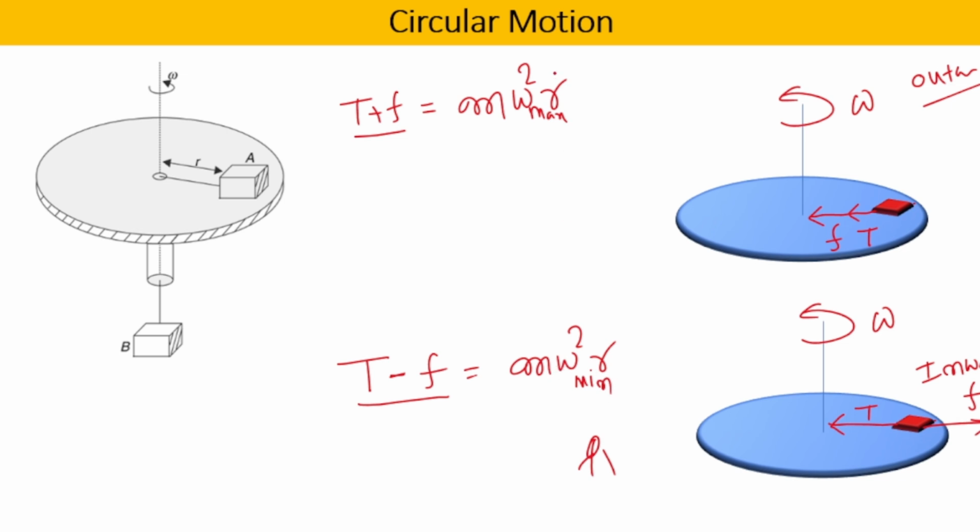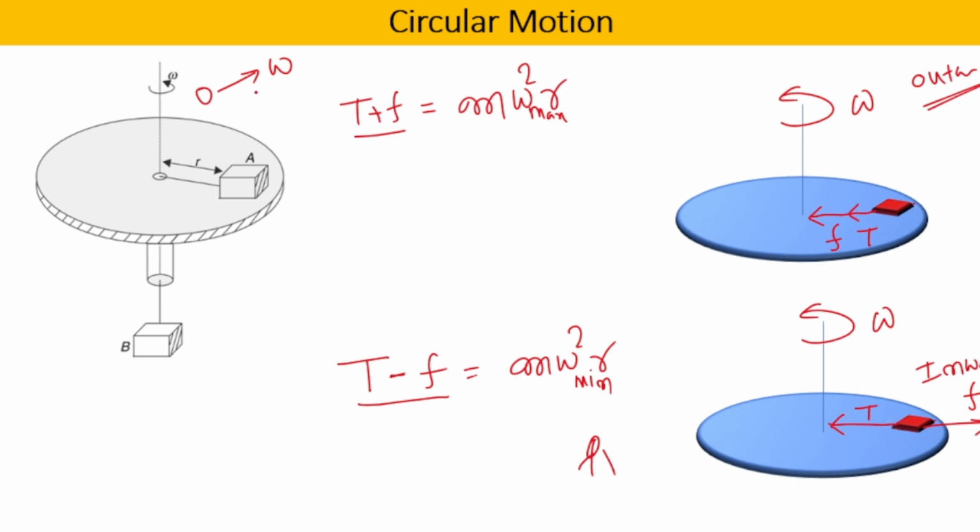So we will be defining omega max and omega min both. Omega max we will get when the block has a tendency to slip outward. What I mean is, when you turn on the switch and start increasing omega from 0 to some value, initially omega is lesser, and in that case it has a tendency to slip inward.